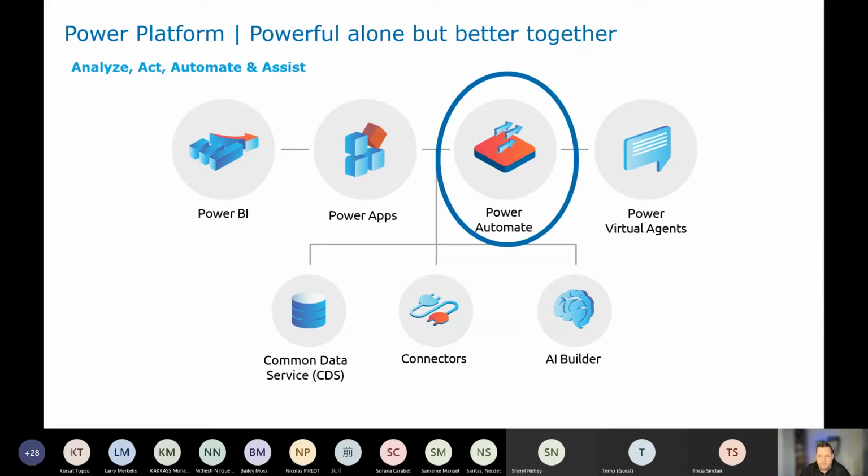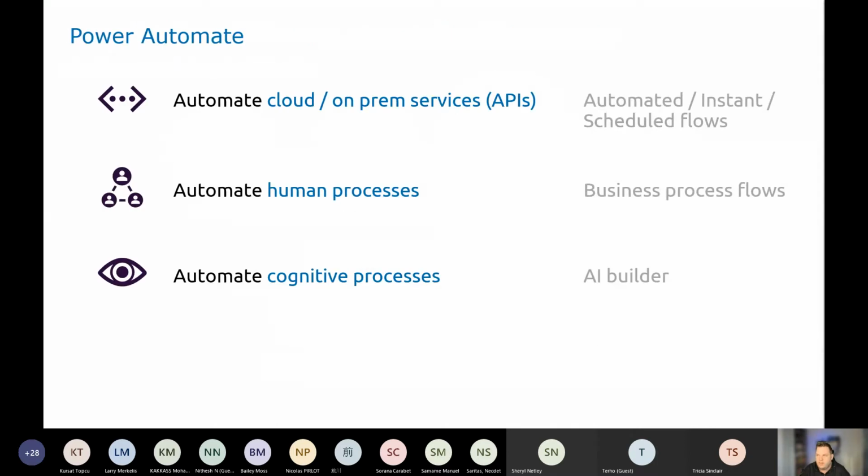So we're going to zoom into Power Automate now. And we have a lot of types of Power Automate workflows nowadays. We can automate cloud or on-prem services through automated, instant or scheduled flows. Those are the flows that you can also see whenever you are on the Power Automate website and you're logged in and you want to create a new flow.